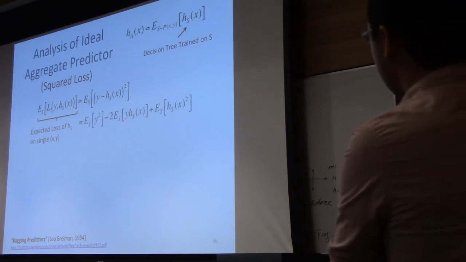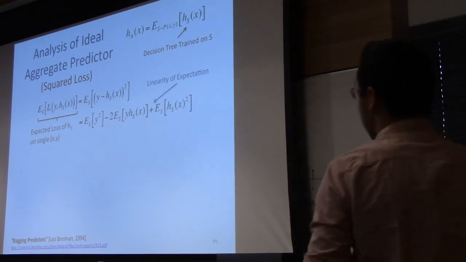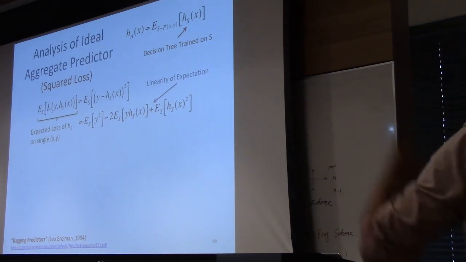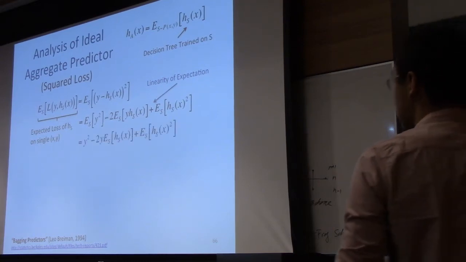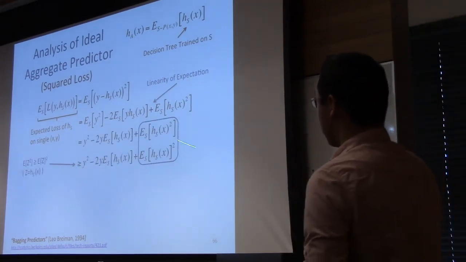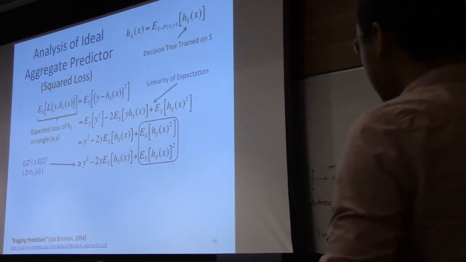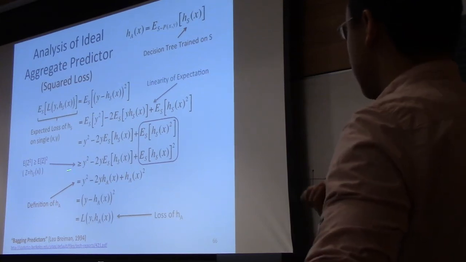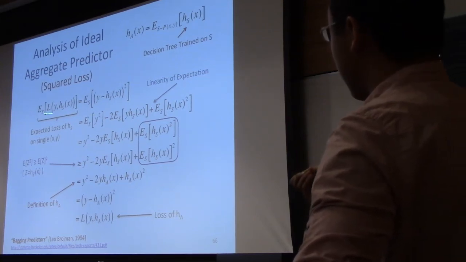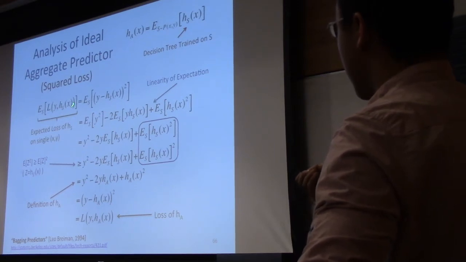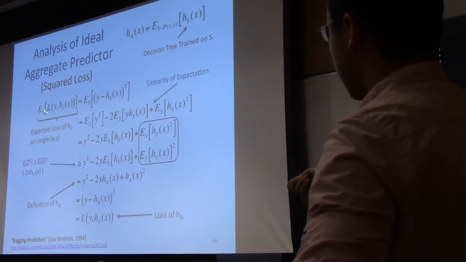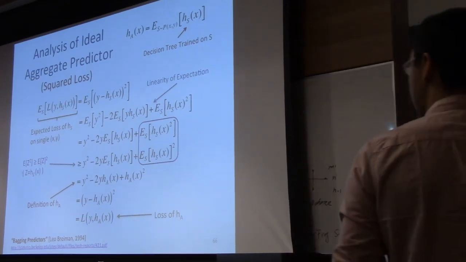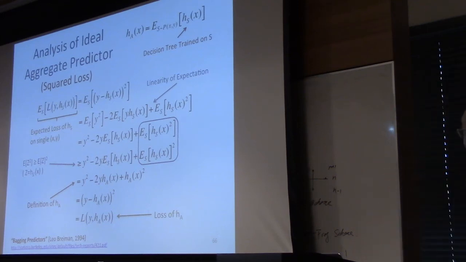I won't go through the details in depth, but the basic idea is that, at least with squared loss, you can use the same arithmetic you use to derive the bias-variance decomposition to prove this quantity, which basically says that the loss of a single decision tree will always be no less than the loss of an aggregate predictor.